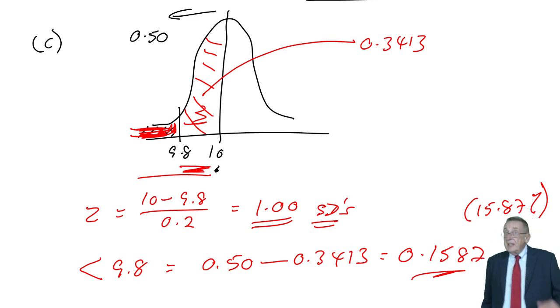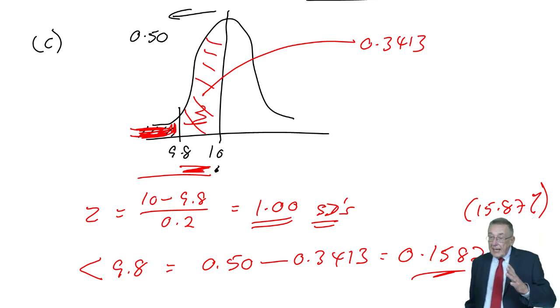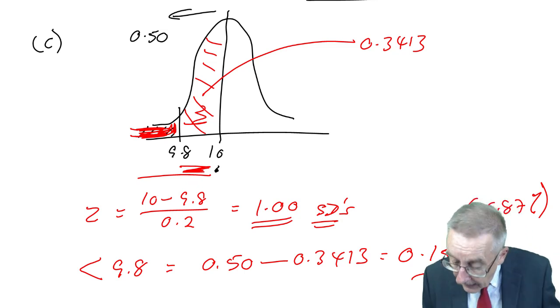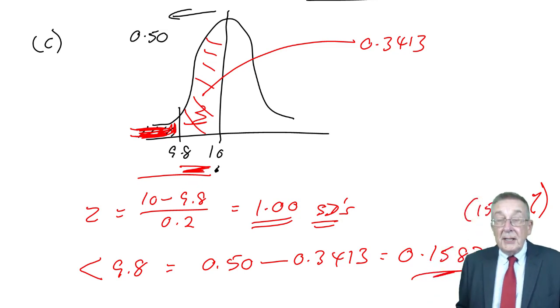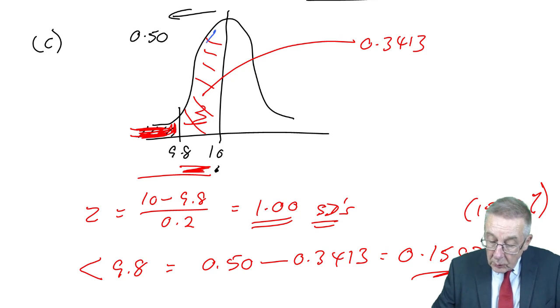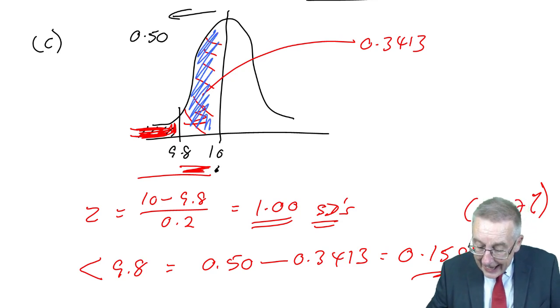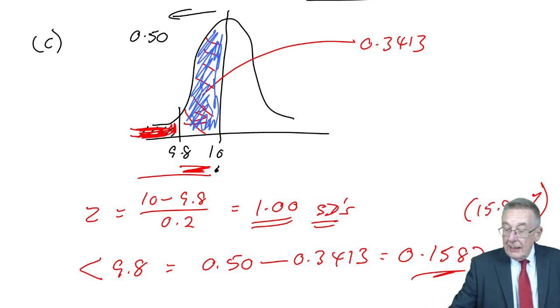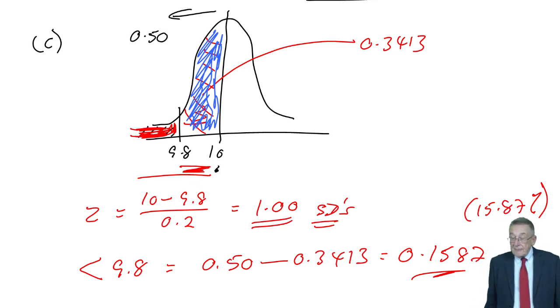It needs practice, obviously. But again, at the risk of repeating myself, remember, using the tables, we were able to work out the proportion of any area between the mean and some other point.